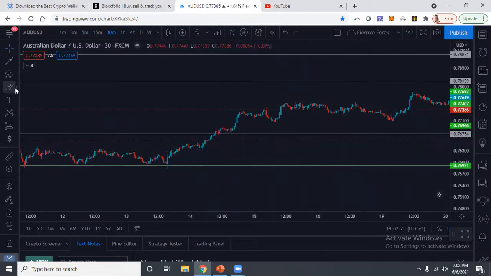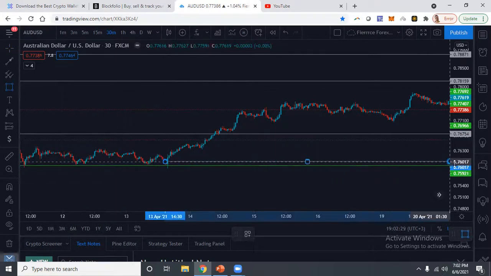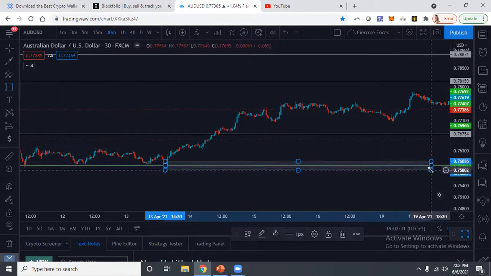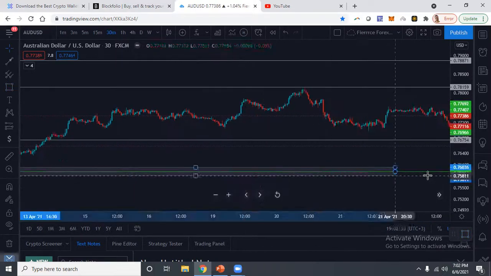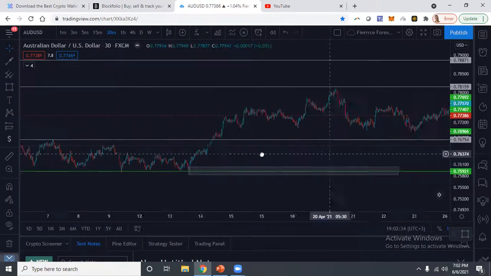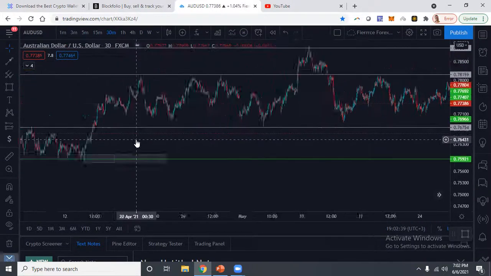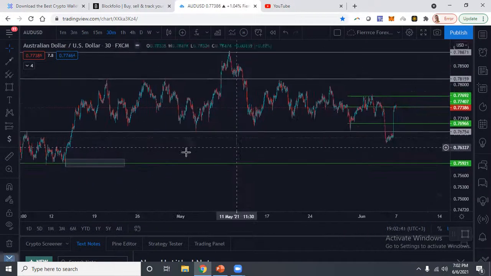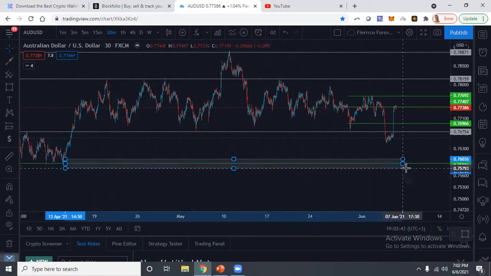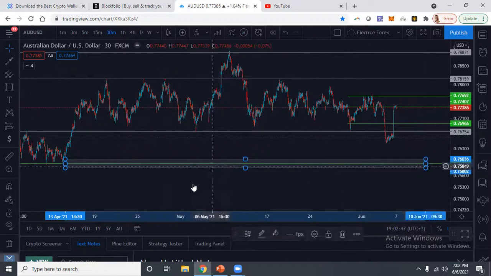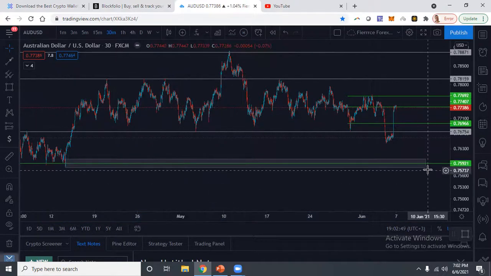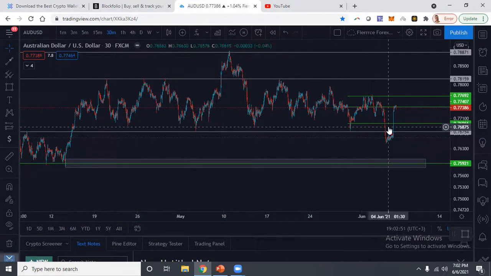Yeah, so there's an interesting level down here. Interesting level. Yeah, there's an interesting level down here that we may see AU retest before it pushes to the upside.